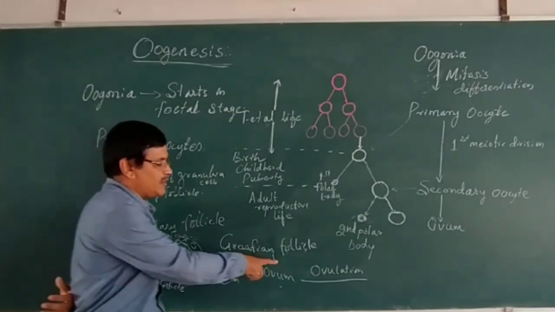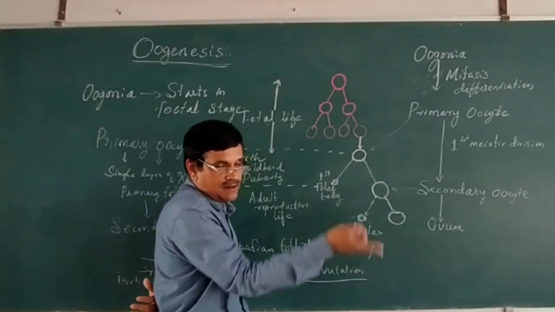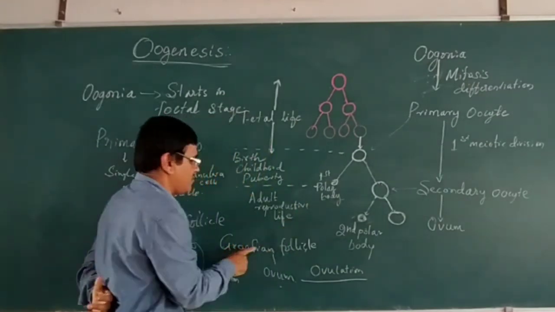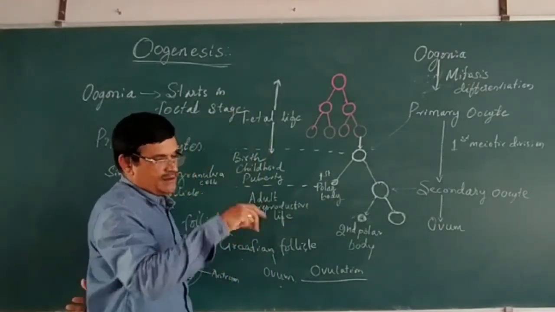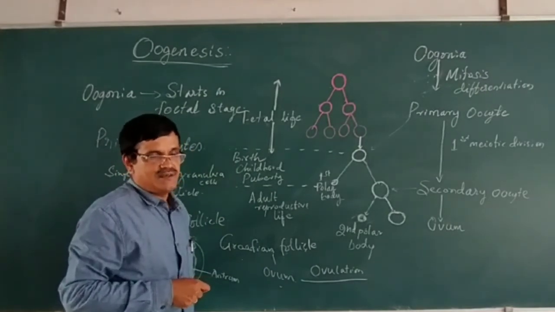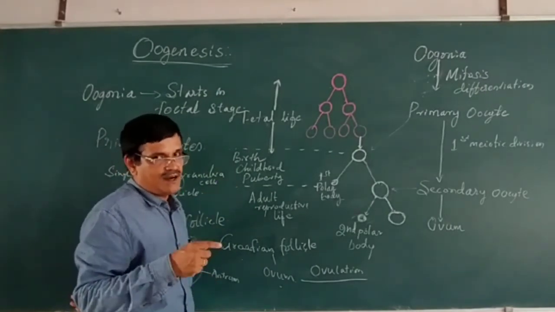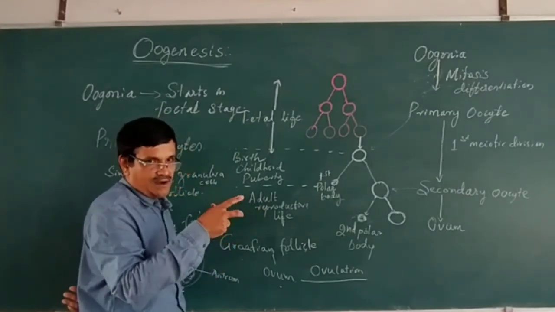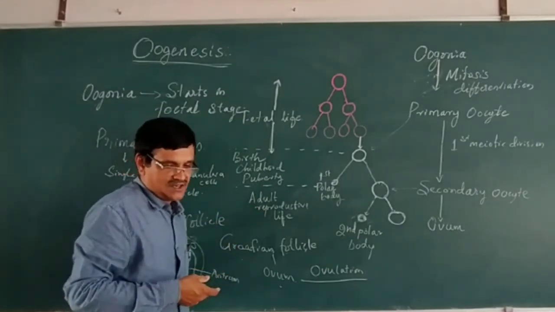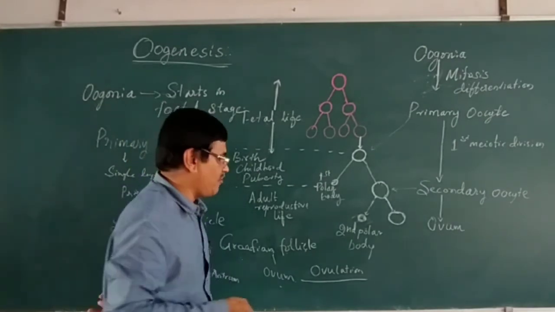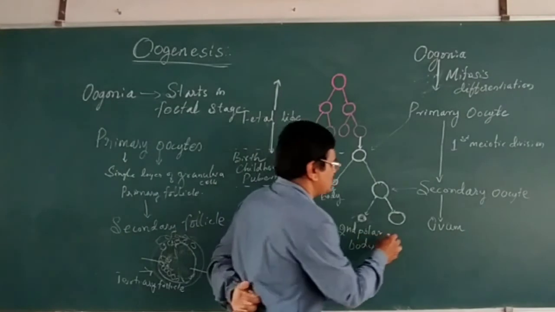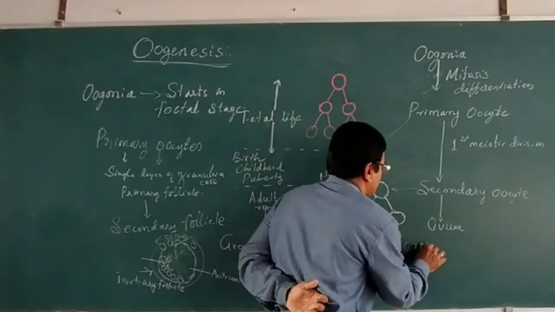Okay, after the ovulation, the remaining portions of the Graafian follicle, that is the granulosa cells, theca externa and theca interna cells, undergo differentiation to form a glandular structure known as the corpus luteum.